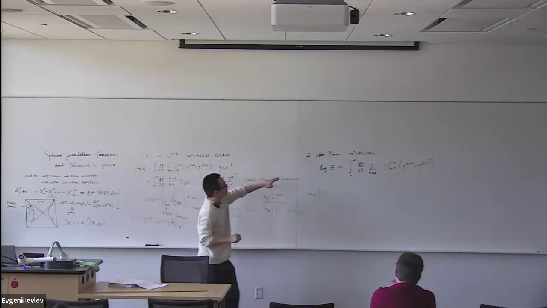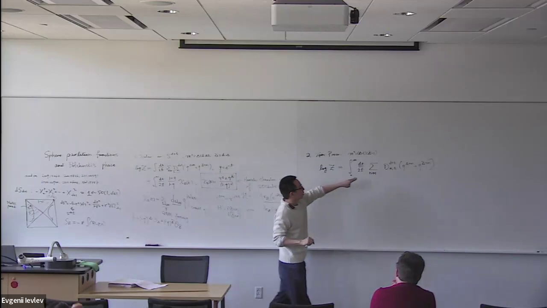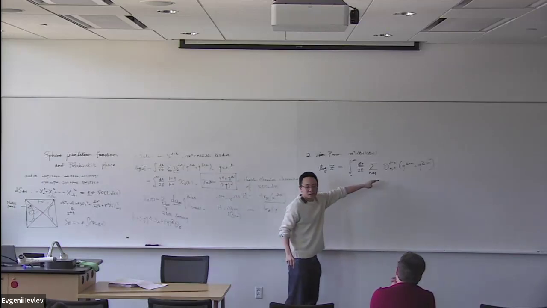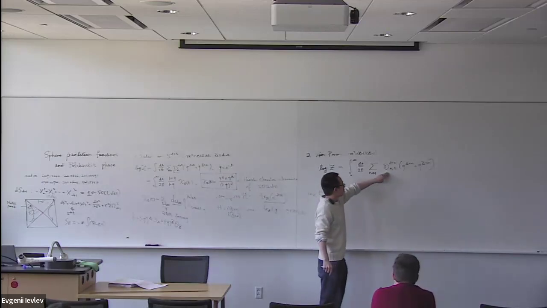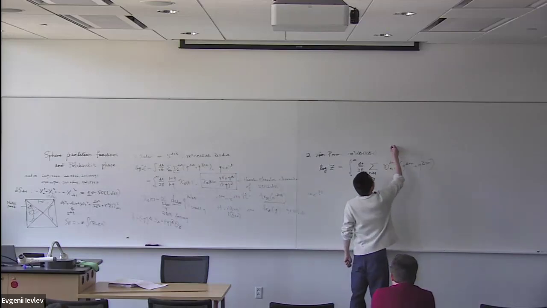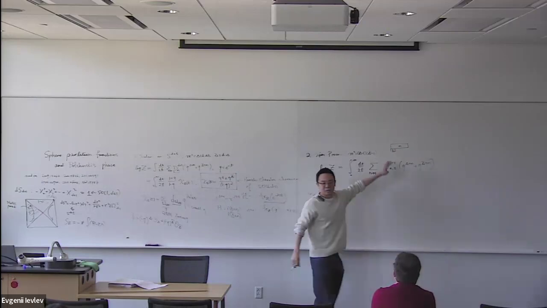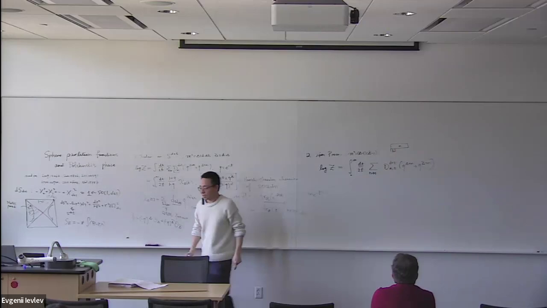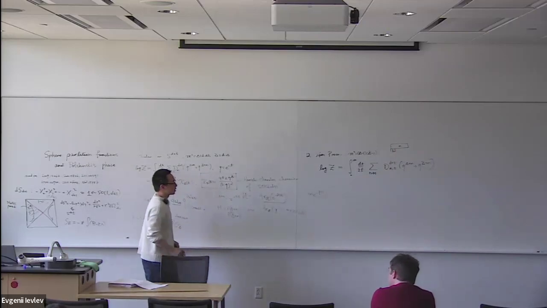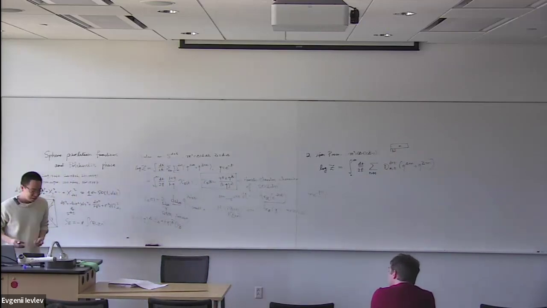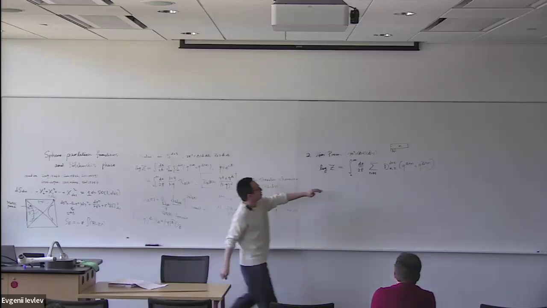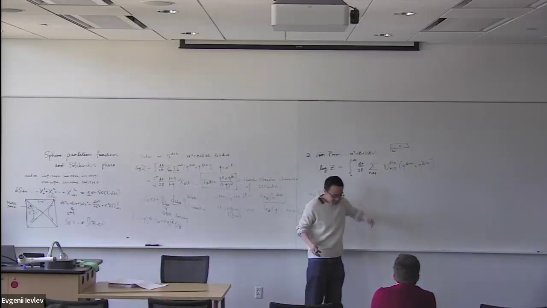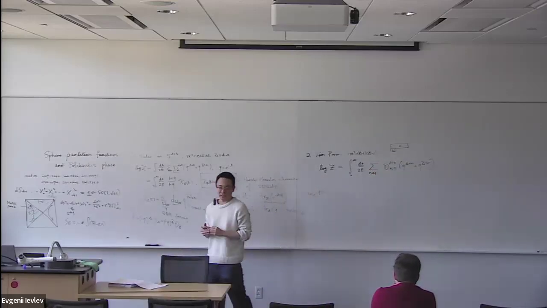And here it's a spin one field, so you expand in the vector harmonics, and the boxes here carry these representations. So naively, that's what you expect. But it's not correct, because these representations only capture the transverse vectors.